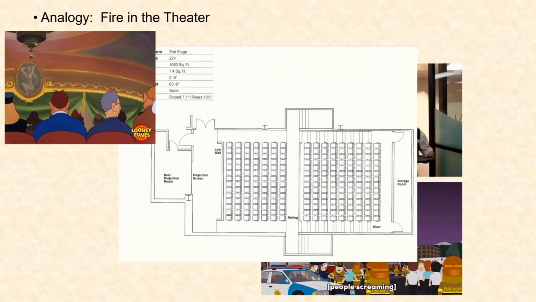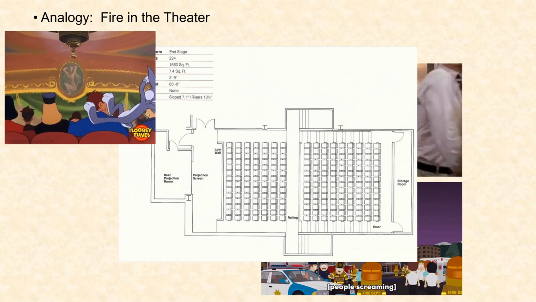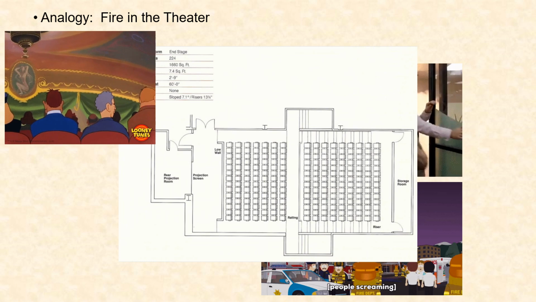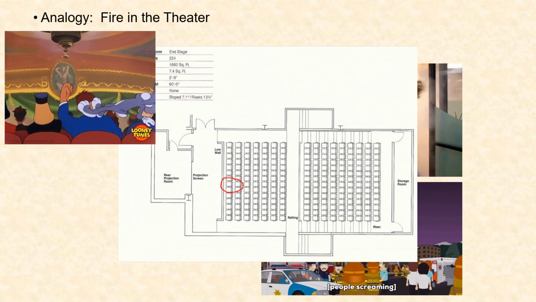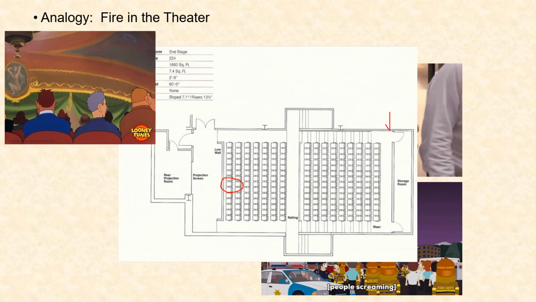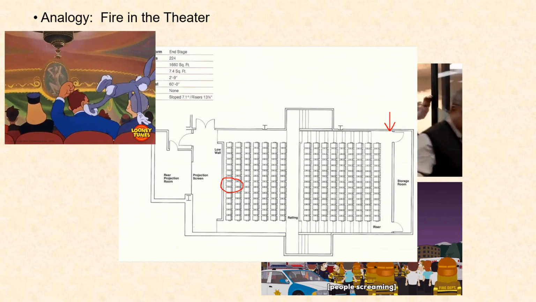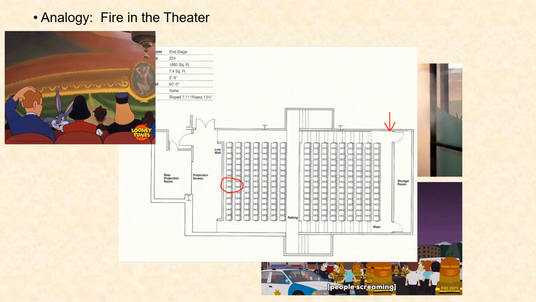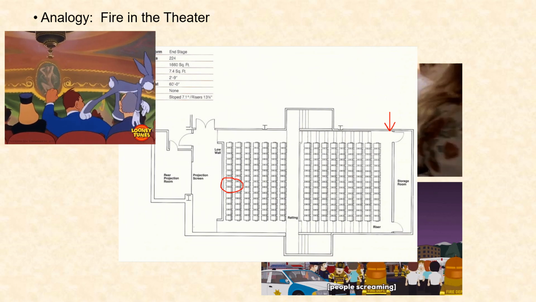Let's take a look at a layout of a theater. Now, if we're taking a look at this theater and you exist, let's say, at one end of the theater, and there is only one exit door that is open, then certainly you can see how the length of the theater is going to affect your ability to get out in time.